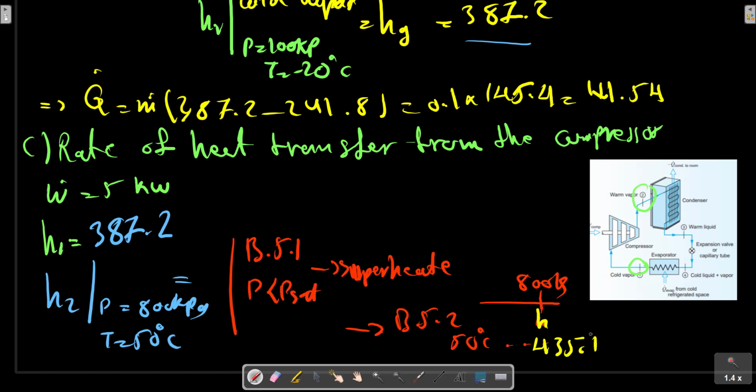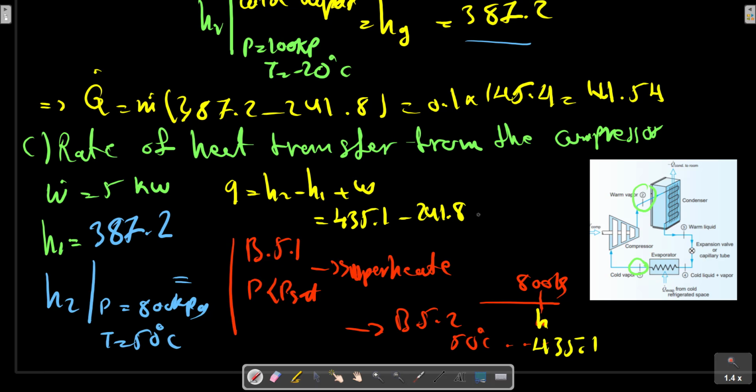So we can write the relation: Q plus H2 minus H1 plus W. H2 minus H1. W is minus 5.